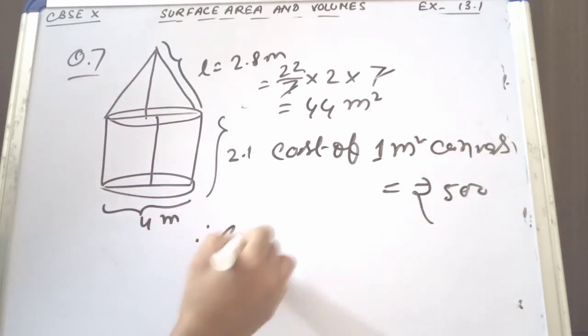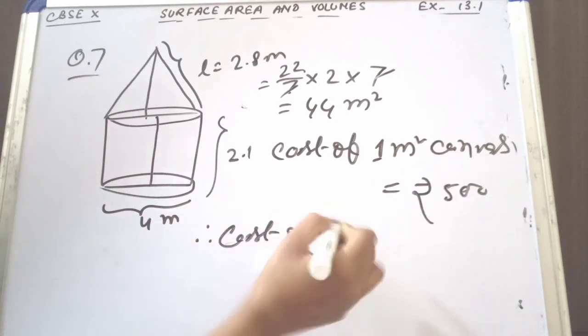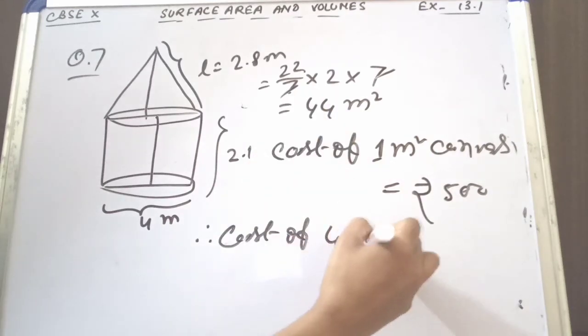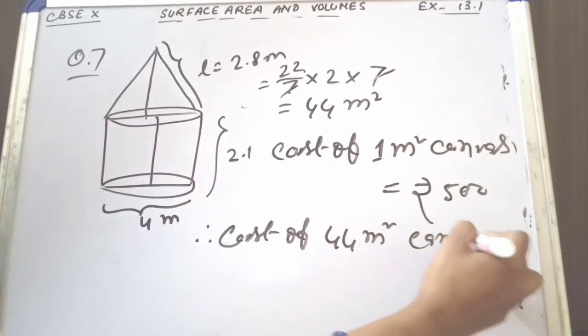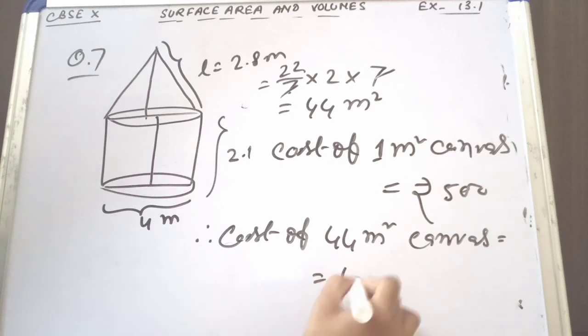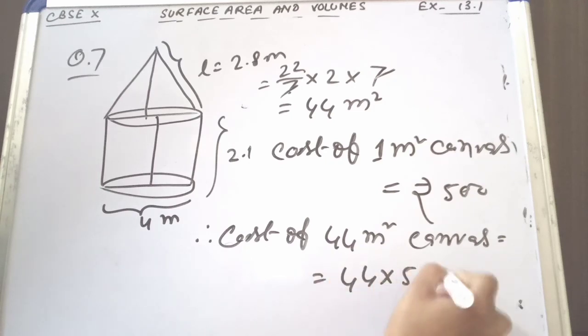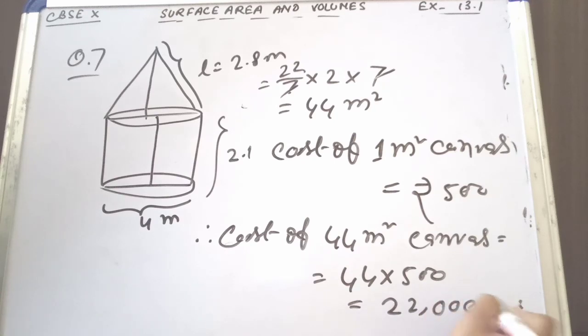So the cost of 44 meter square canvas is equal to 44 into 500, that means 22,000 rupees. That's the answer. Thank you.